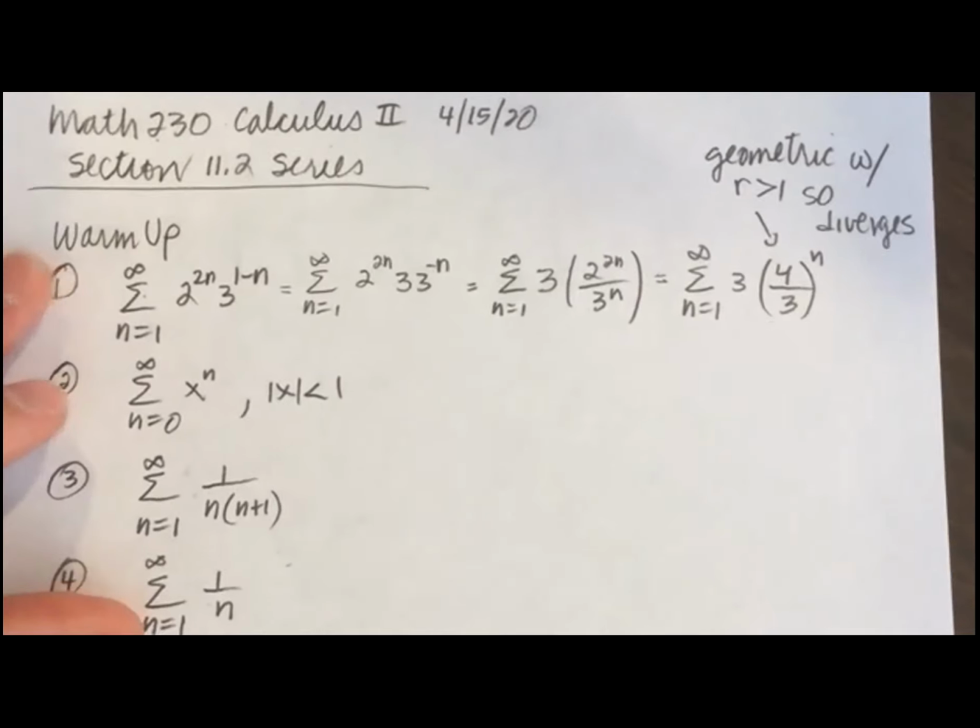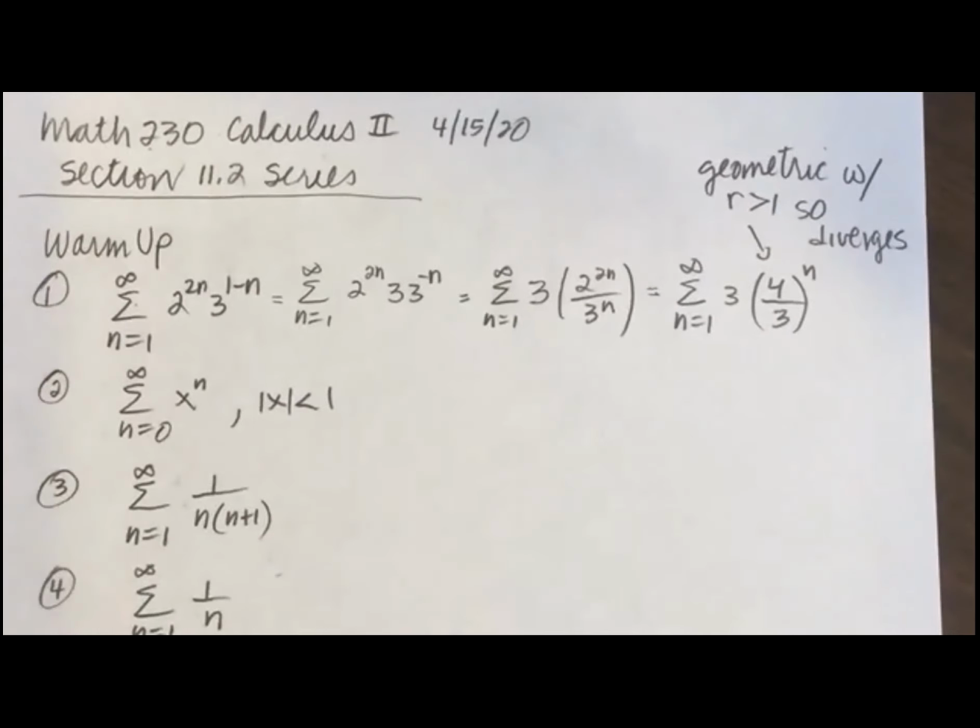We really ramp things up here in number 2, because instead of looking at just one series for a particular ratio, now we're looking at infinitely many different series depending on which choice you make for x. As soon as somebody tells you what the x is, then you can tell me which series it is, and then you can tell me what it converges to.